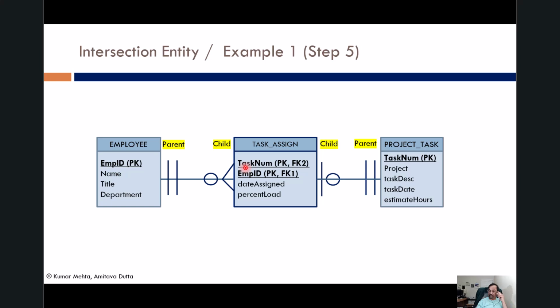Similarly, task number allows me to connect instances of this intersection entity with instances of project task. So they're 2 separate foreign keys. That's why you see FK1 and FK2, but you don't see PK1 and PK2. These are not 2 primary keys. This is one composite primary key. I hope you see the important difference between the primary key and the foreign key, and the important distinction in their specification.